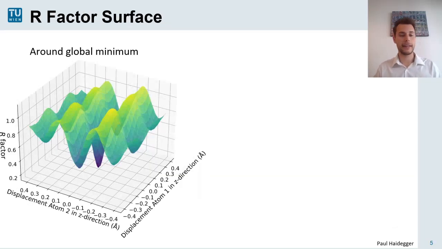To understand why we use the algorithm that we use, it's important to understand the R factor surface. What we can see here on the left side is that we already minimized almost all of the parameters except these two. And what you can see here is the range of the R factor is quite large, and we can definitely identify a global minimum in the middle.